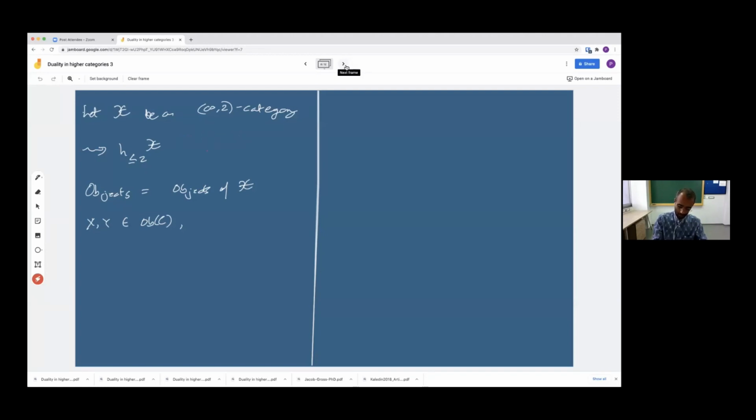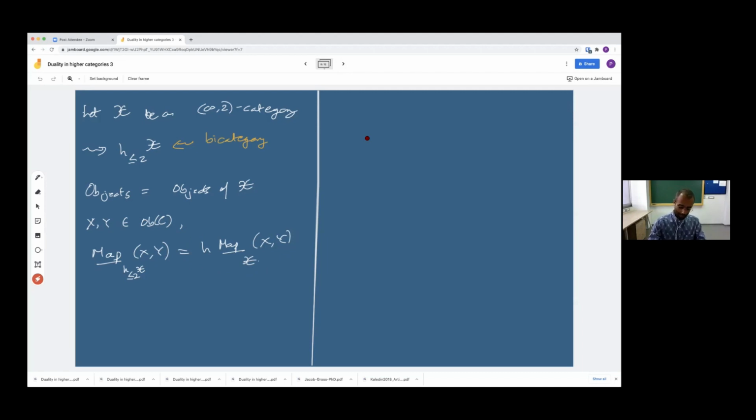H less than or equal to 2 of X is going to be a bicategory. And it's defined as follows. It's the obvious thing you'd think: the maps from X to Y is the homotopy category of maps from X to Y in X itself. Okay. So from any infinity 2 category, I can extract a bicategory by passing to the homotopy categories of the mapping categories, the mapping infinity 1 categories, right? So I get a bicategory.